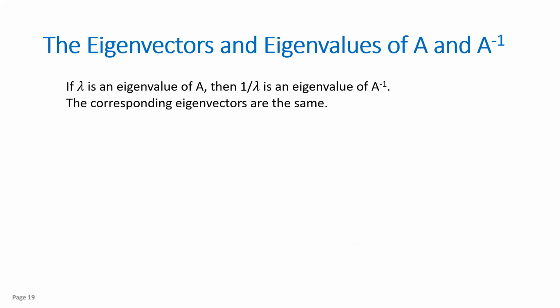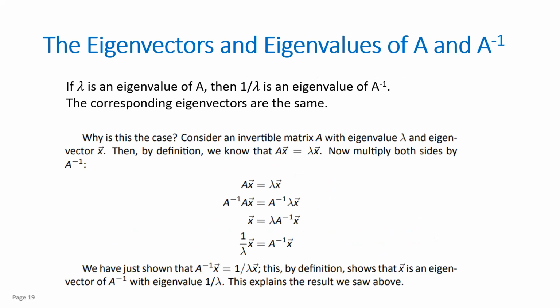If lambda is an eigenvalue of A, then 1 by lambda is an eigenvalue of A inverse. The corresponding eigenvectors are the same. Why is this the case? We have A x bar equals lambda x bar, and A inverse into A x bar equals A inverse into lambda x bar.